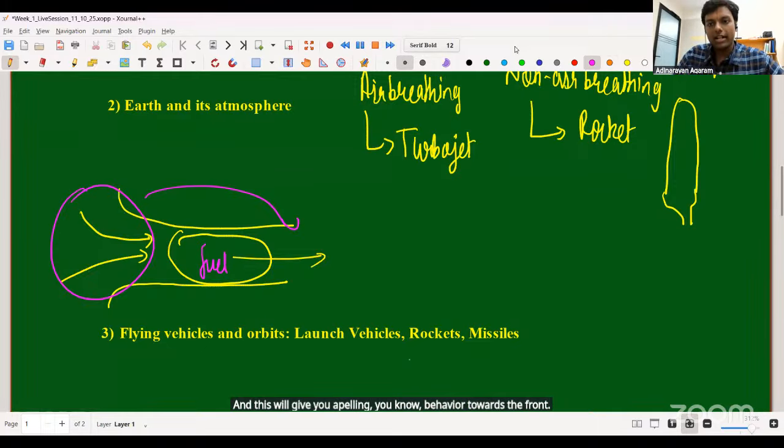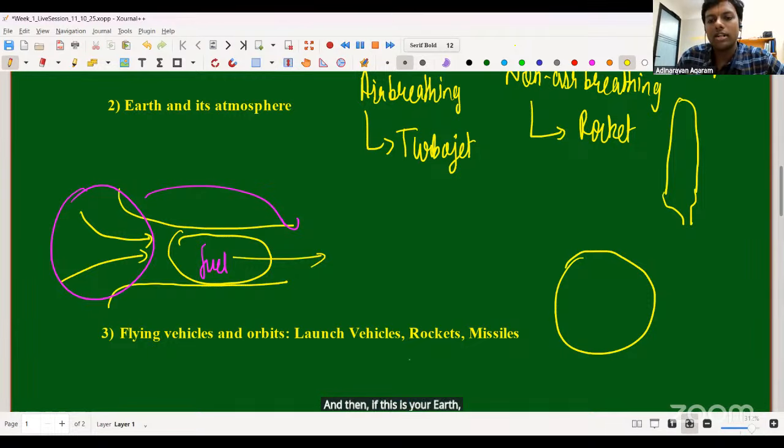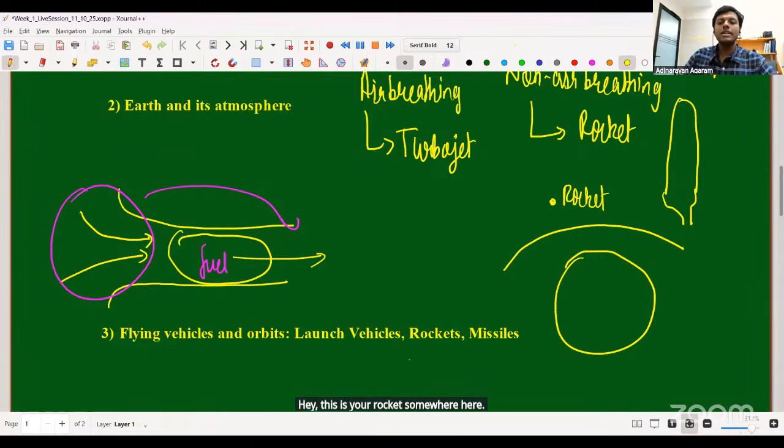Now, in a rocket, the issue you face is that rockets are going to fly outside the atmosphere. Say this is your Earth, and your atmosphere ends somewhere here. The rocket is going to be somewhere here. There is no air at all in that region, right?